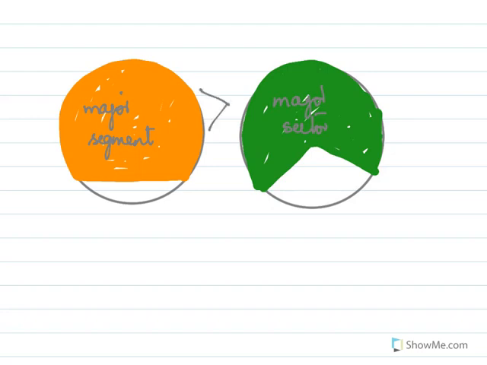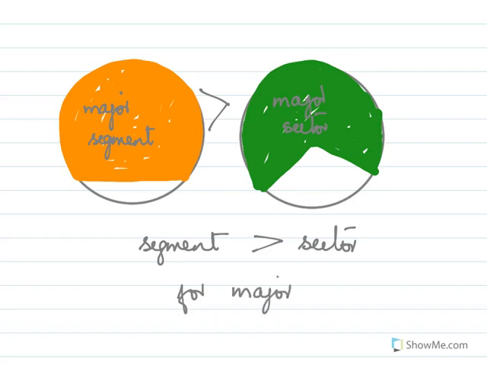And in this case you will see that the segment is greater than the sector. So the earlier statement is true only for minor, not for major. In the major you will find the segment is greater than the sector. Major is more than a semicircle.